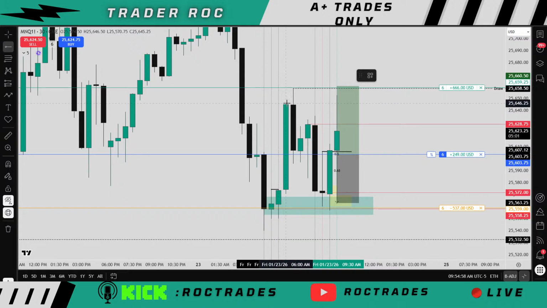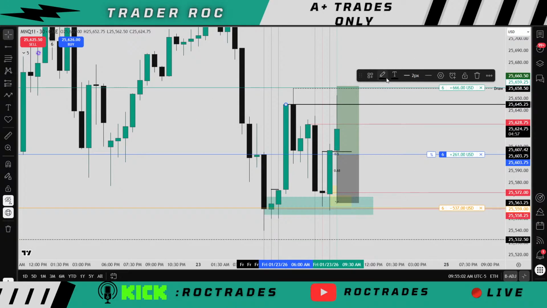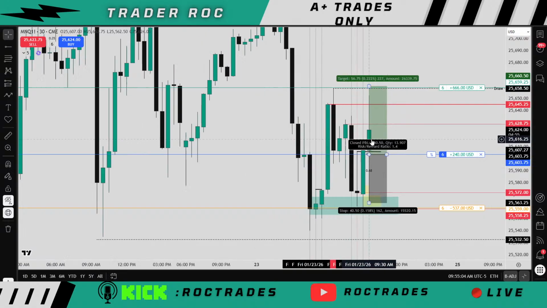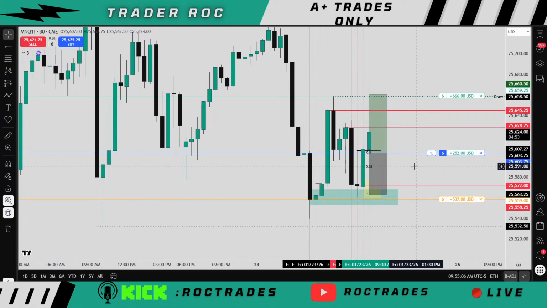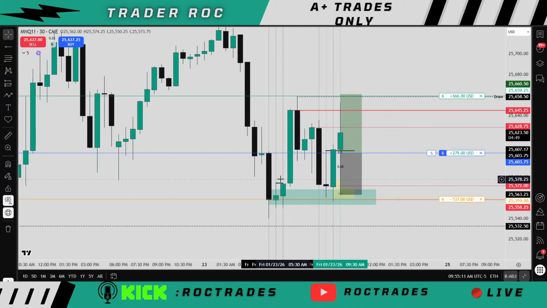When you know that price can still reject these levels, this trade becomes a little bit iffy, but you really want to just trust the break and retest, right? That's where most of my confidence will come from. We see the break here, we see the retest. The retest was confirmed. So as long as this level holds, I'm going to be bullish, right? That makes my job easier as a day trader.